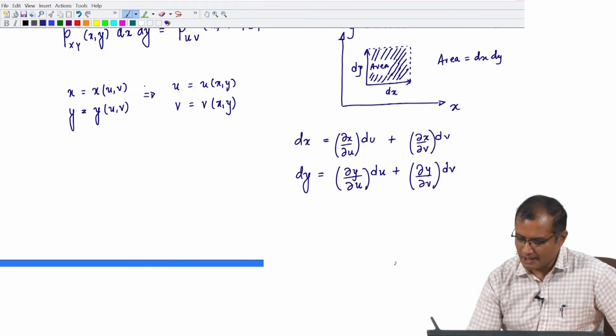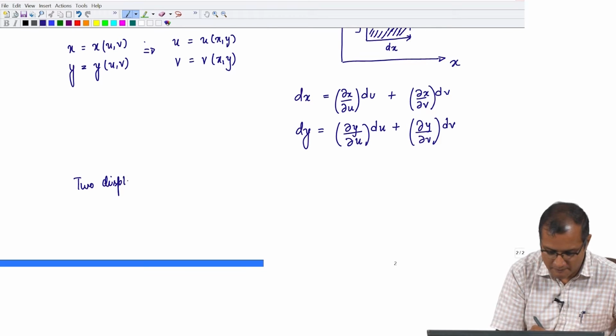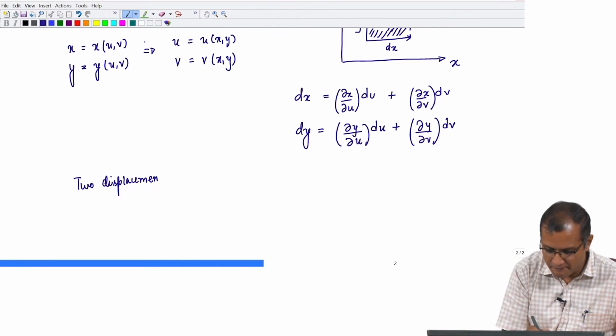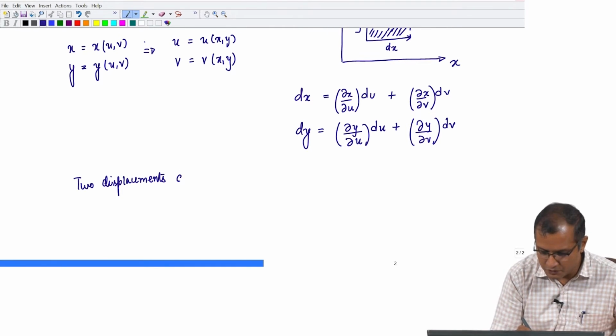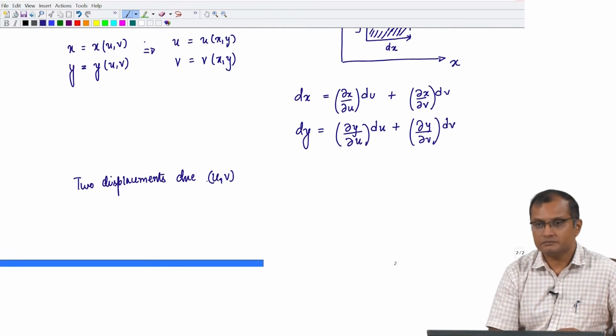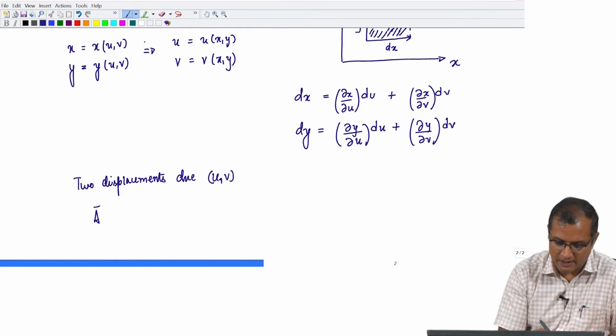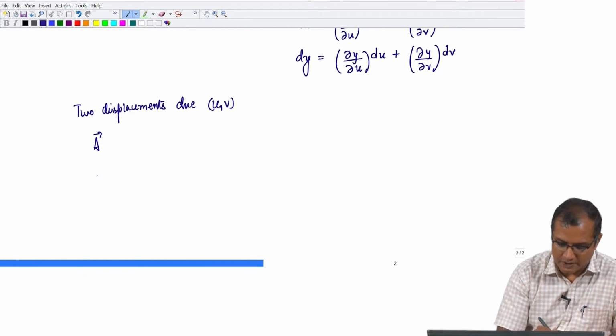So, I can imagine now two displacements due to the uv pair. Okay, so, I will call the displacements due to uv pair as some vectors A and B.